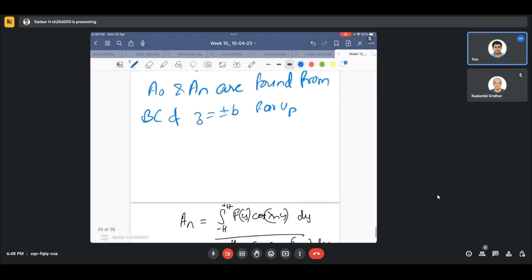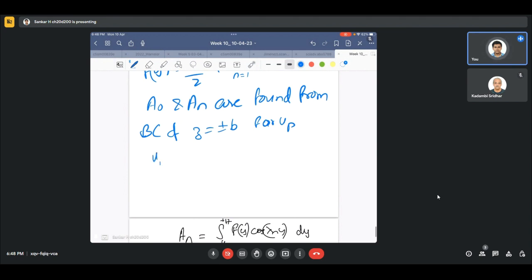sorry about that. For z equal to plus or minus b, we see that u p is equal to h square by 2 mu dp by dx into 1 minus y square by h square.